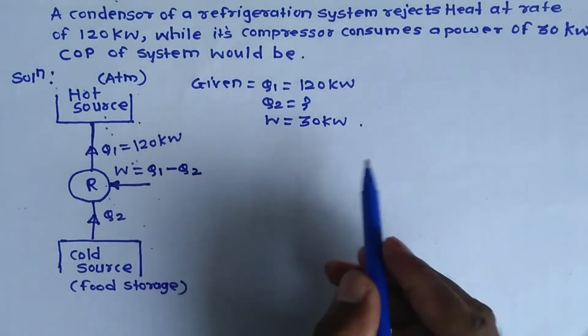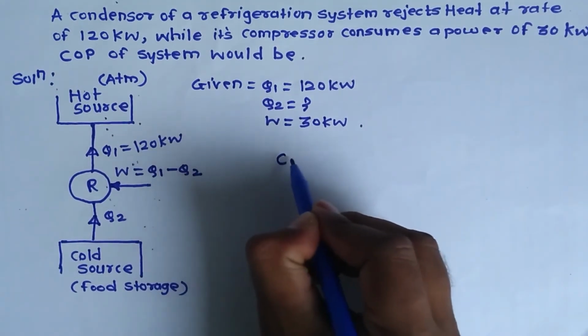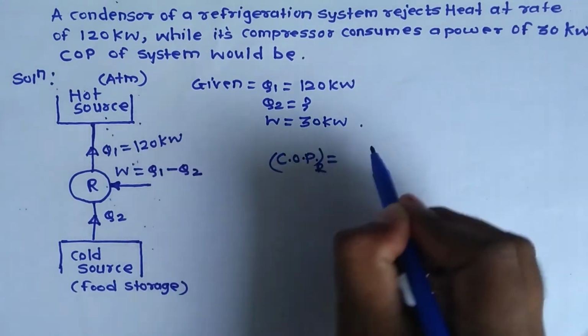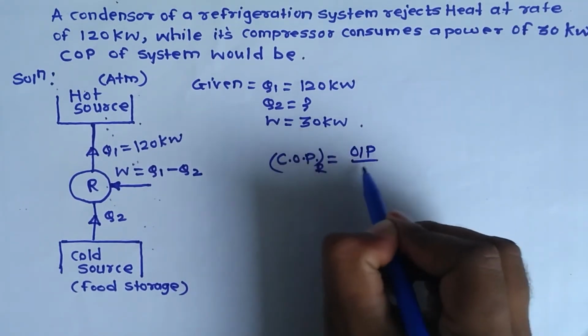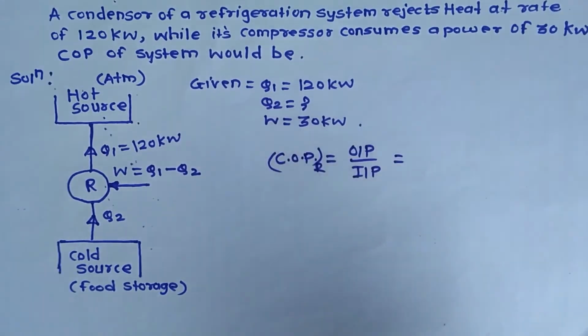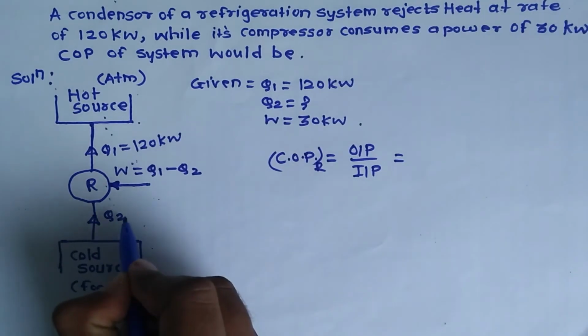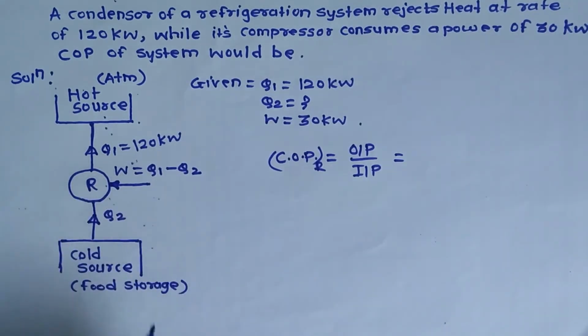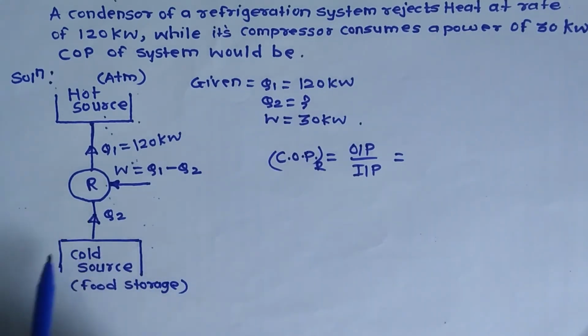Okay, so as for the formula of coefficient of performance of refrigerator, so that will be what? Output divided by input. So here in case of that refrigerator, output will be what? Output we are taking at Q2, means in cold storage we are taking output. If our food will get cold, then that will be our output.